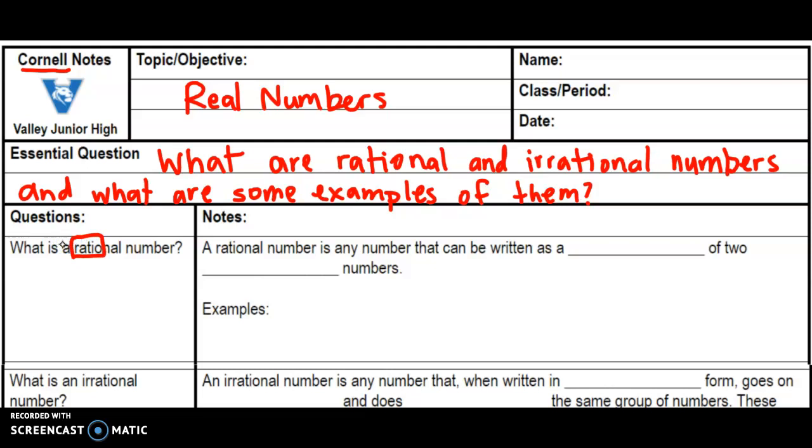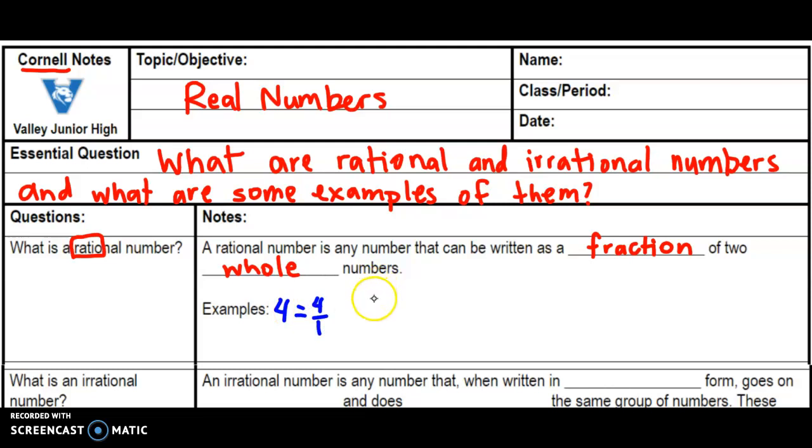Ratio, rational. A rational number is a number that can be written as a fraction of two whole numbers. A fraction is a ratio, so that's why it's called rational. Some examples: the whole number 4 is a rational number because you can write it as 4 over 1.